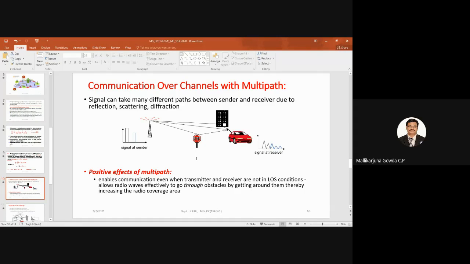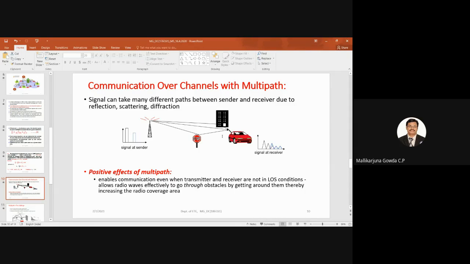So we all know the wireless channel. Hope you are all able to see this diagram. This is the base station, which will be radiating the electromagnetic signal, and this is the receiver. The fellow who is traveling in a car is communicating with maybe some friend. How will he be able to receive the signal?